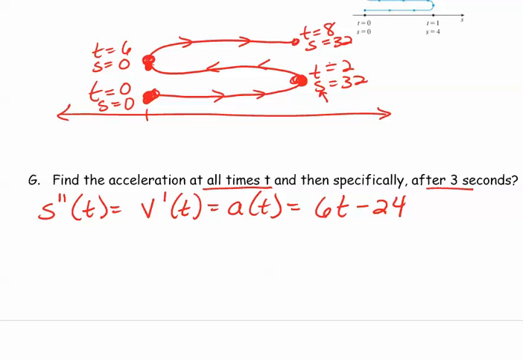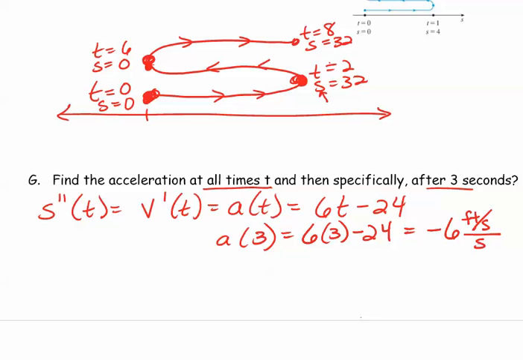And then let's specifically find out what its acceleration is at 3 seconds. Mostly a question here to make sure you label the units correctly. So 18 minus 24, negative 6, and then that would be in the same units of your velocity, feet per second, but per second again. So you can leave it that way, feet per second, and of course it's acceptable to put feet per second squared.